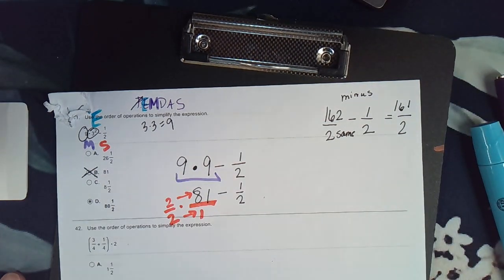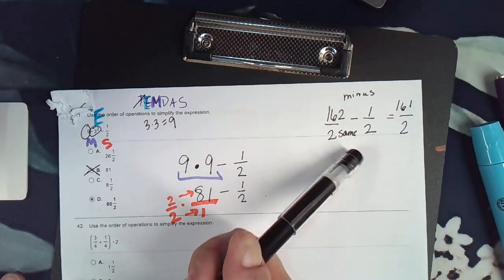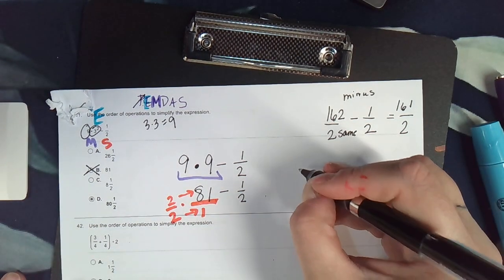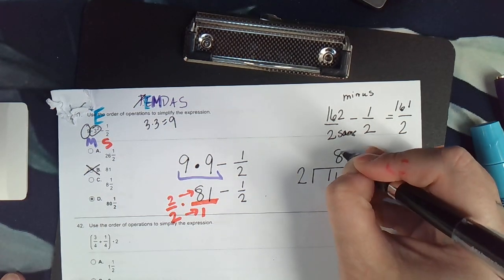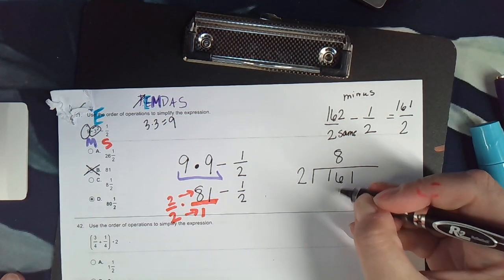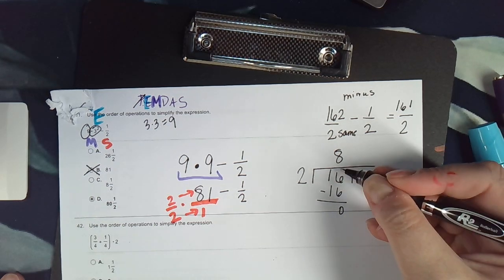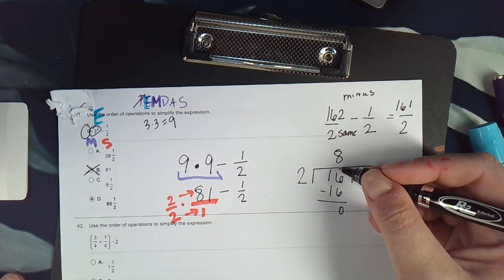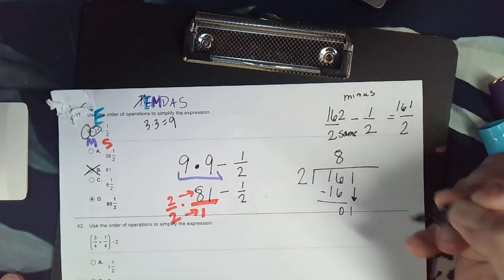161. Okay, but if you look at the answer choices, none of them look like this. Well, let's divide. 2 goes into 161 8-ish times to get 16. And when you subtract, you get 0, and then bring down a 1.